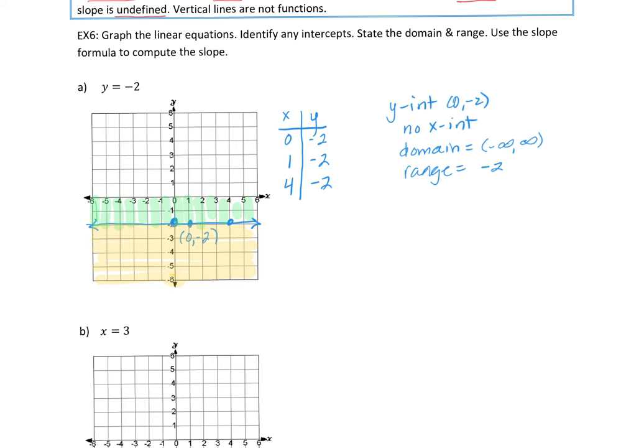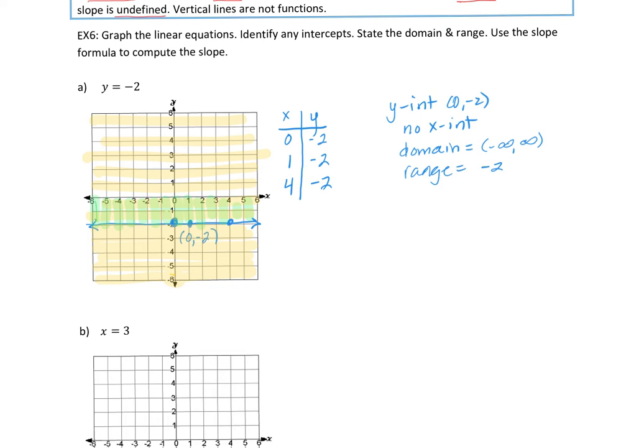But then after I'm away from -2 and I'm continuing on upward, I'm not touching the graph at all. So the range is just -2, which I expected because that's what the equation says. It says y is equal to -2, and that's it. Y cannot be anything else except for -2, and the range is your y values.